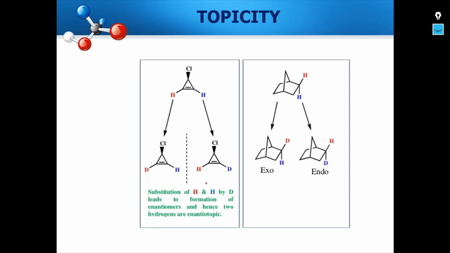And how about this molecule? I'm going to replace this hydrogen with deuterium and this hydrogen with deuterium. I end up with these two molecules. And what is the relationship between these two molecules? Are they mirror images of each other?